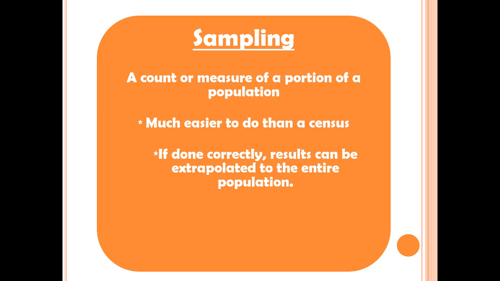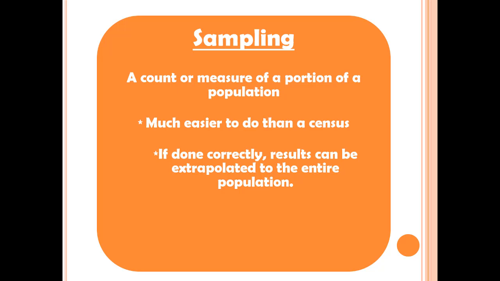So let's say you took a sample of 10,000 individuals from the population of the United States. And when you looked at your sample, that sample had 10,000 white males in it. That would not be a representative sample because it's missing every other ethnicity and it's missing every woman in the population.